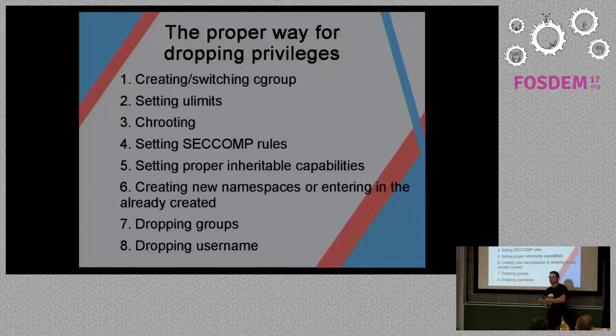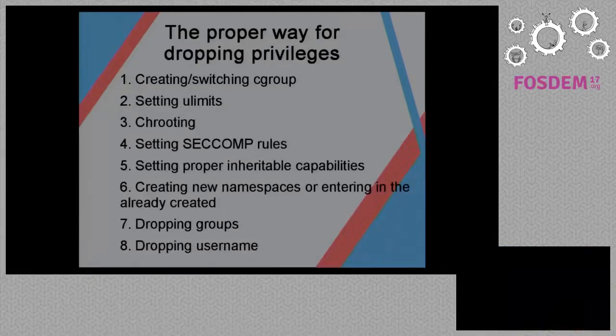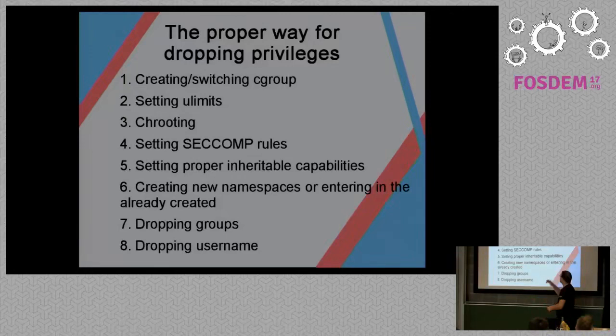Because the control group would usually be mounted at sysfs cgroup, which is okay, but after you root, you don't have sysfs cgroup. If you bind mount that inside your root, you're exposing a lot of the kernel to the user. So this is something that you don't want to do. This is why you first create the control group outside of the root. If you want to create other directories for your application, you have to do that before you drop the privileges.